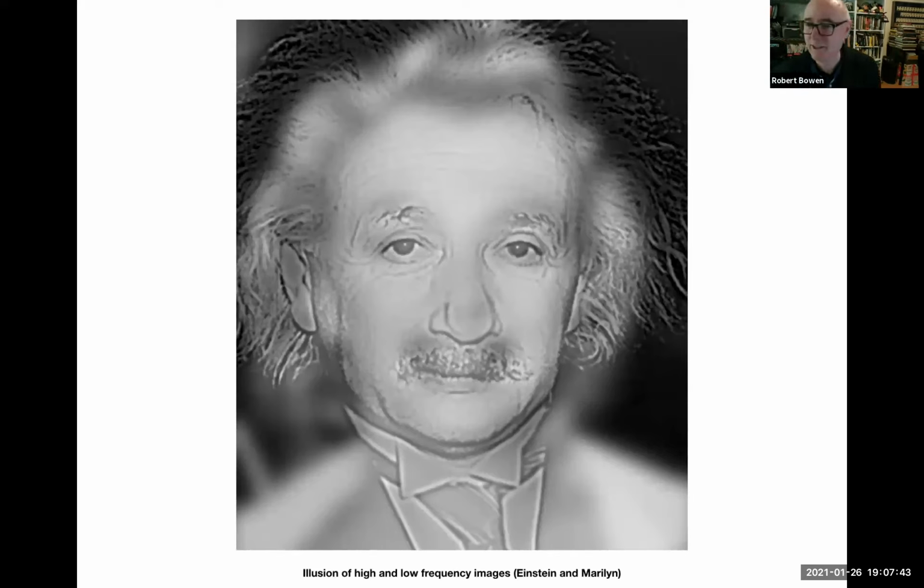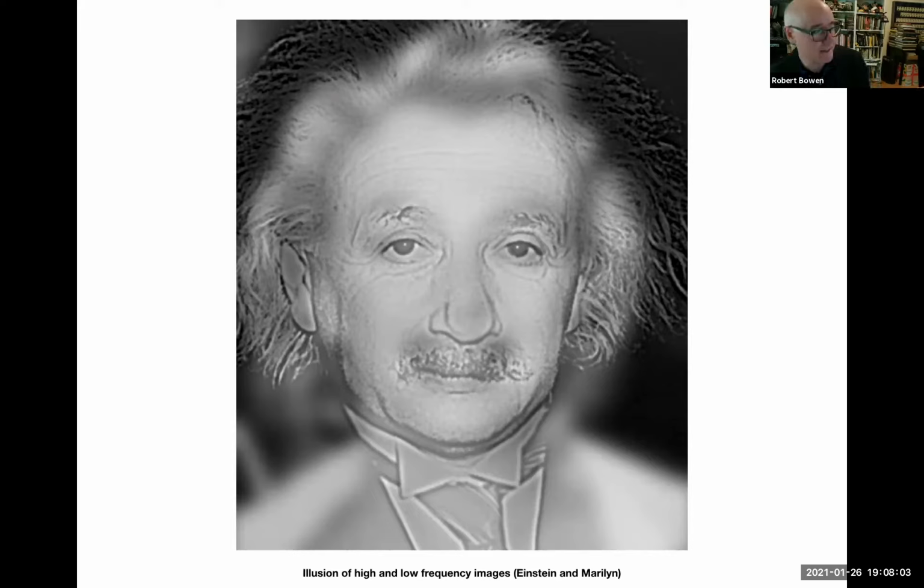And also for Seth's kids, and in the spirit of last week, and also because I'm going to talk a little bit about Einstein tonight, here's an illusion of high and low frequency, which is a perfect example, again, of physiological optics.